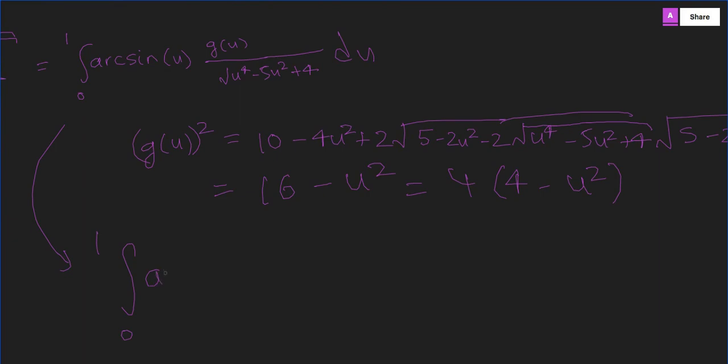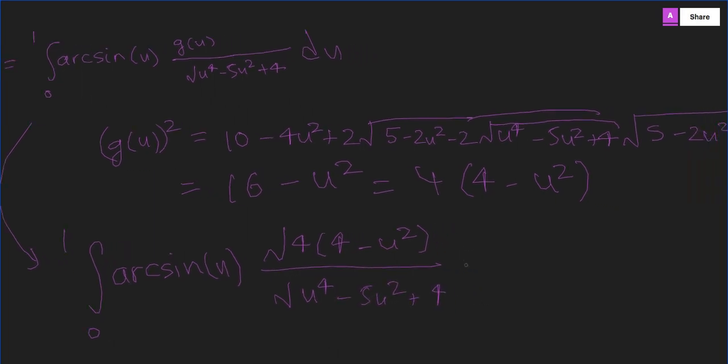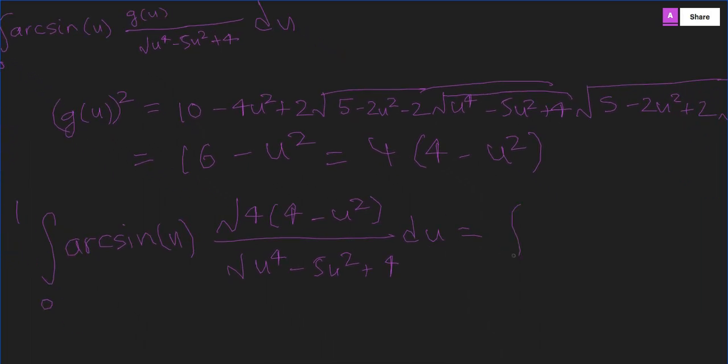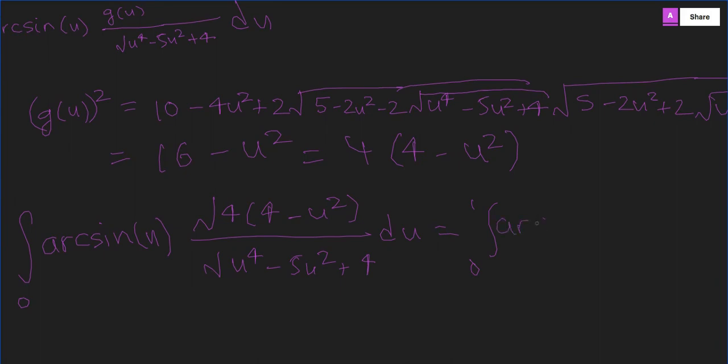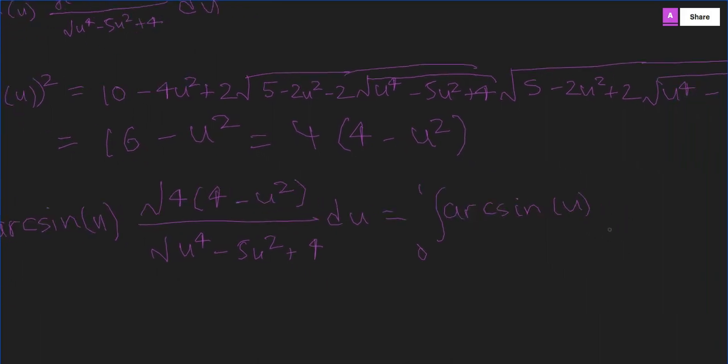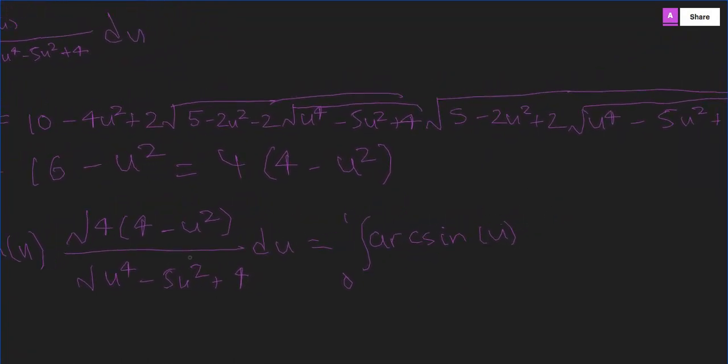From 0 to 1 of arcsin u, and if g of u squared is this, it just means that we have the root of g of u squared, so just g of u, of root 4 minus u squared and root u to the power 4 minus 5u squared plus 4 du, and this is going to be the integral from 0 to 1 of arcsin u, and the thing is these two just cancel out, so this becomes 2, since you take the 4 out of the radical and it becomes the root of 4 minus u squared, and then you can factor the 4 minus u squared out of this.